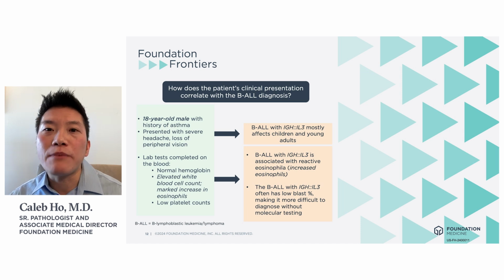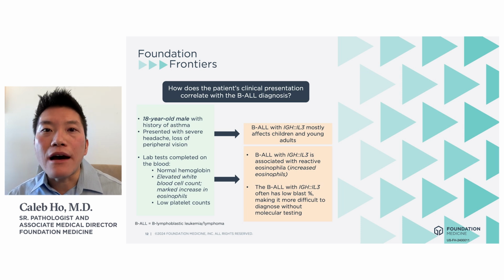To summarize how this patient's clinical presentation and genomic findings can correlate with the B-ALL diagnosis: our patient was an 18-year-old male with elevated white blood cell count, eosinophilia, and thrombocytopenia. The detection of the IgH-IL3 translocation allows a diagnosis of B-ALL that fits the clinical presentation.